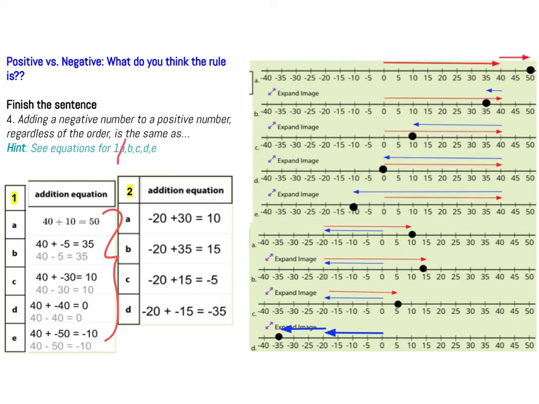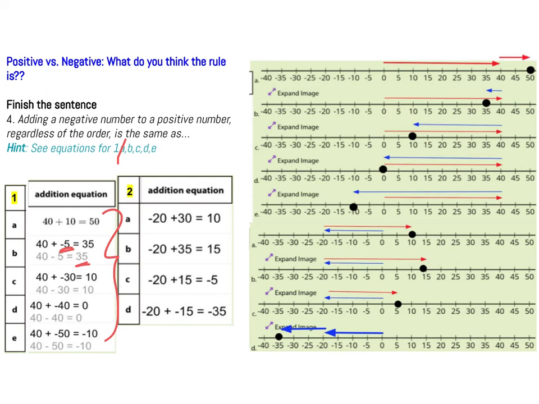But if you do look at B, C, D, and E, notice that when you add a negative number to a positive number, for part B, the answer was 35. And then if you wrote it like a subtraction problem, the answer was still 35. So adding the positive to the negative was the same as subtraction. That pattern is the same for part C also. 40 plus negative 30, you got 10. 40 minus 30 was the same as 10.